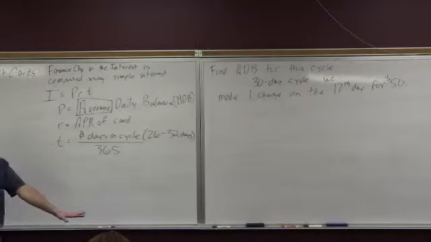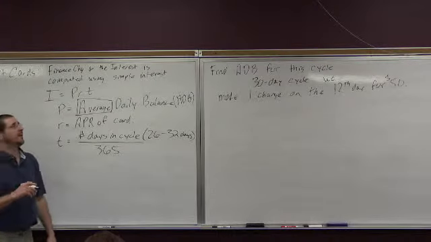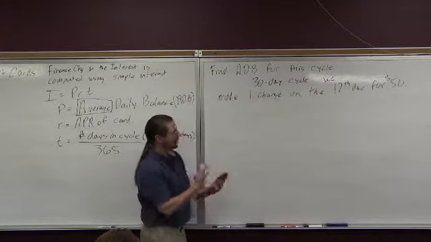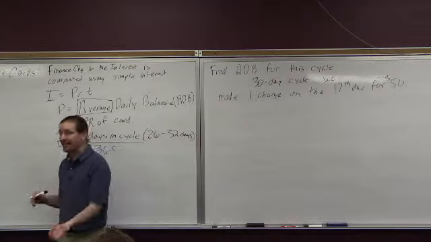I'm not even going to give you any dates on this. I'm just going to tell you on the 17th day, we charged $50. That's the only thing on the charge, and now I want to know what was the average daily balance.